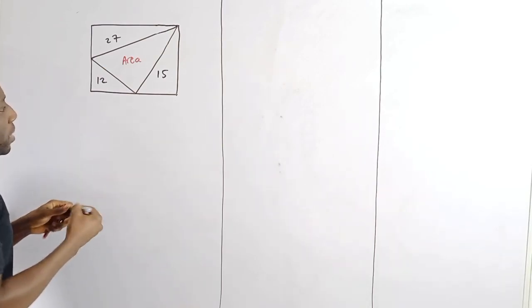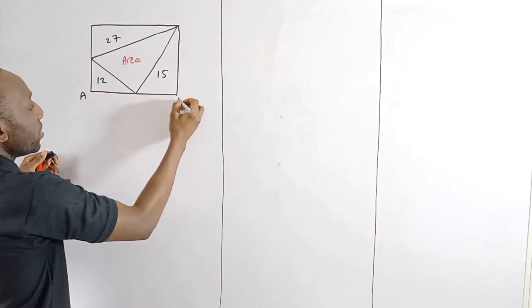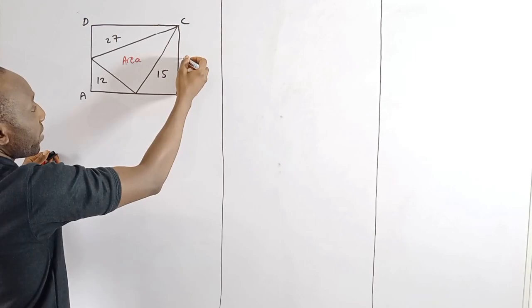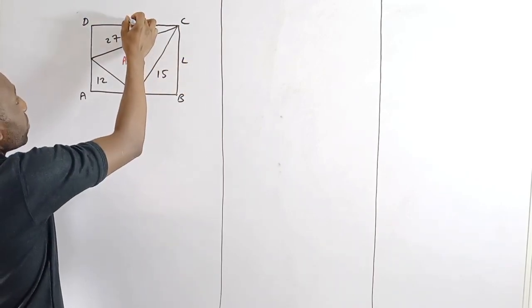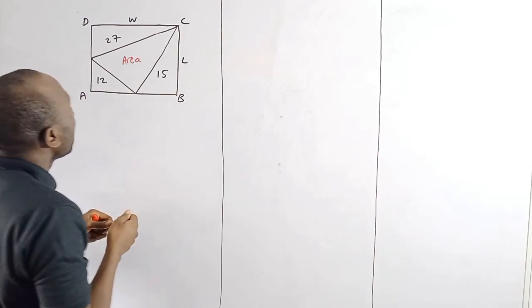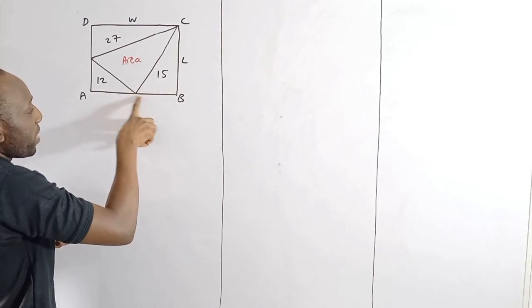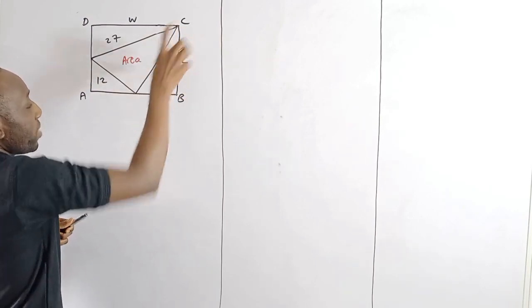So I'm going to label this side. Let's call this side A. This is B, C, D. And let's call this side the length and this side the width. Okay. So looking at this triangle, I need to get from here to here and from here to here, first of all.